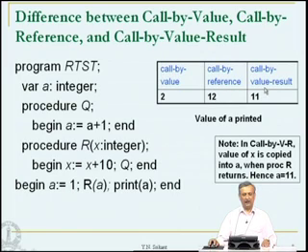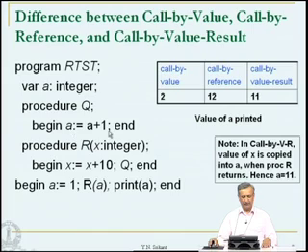Let us look at call by value result. Again we have A equal to 1, call R with the parameter A. So, A is copied to the local variable x. So, x becomes x plus 10, that is 11, but so far we are within the procedure R, therefore this x and this A are different, only the initial value has been copied to this x. Now, we call Q. Q increments the variable A. So, A becomes A plus 1, which is 2.